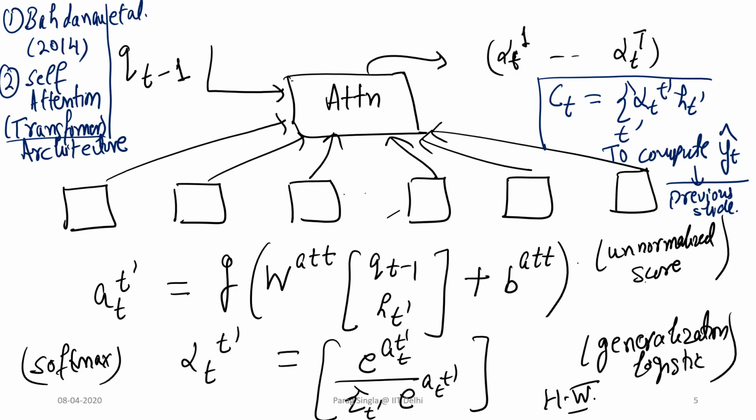In fact, they have been shown to completely get rid of these recurrent connections by using attention on the input itself, right? This is a slightly more advanced topic, and I will not go into more detail here, but I encourage those of you who are interested to search online, look at the relevant paper on the transformer architecture, and go through the details there.